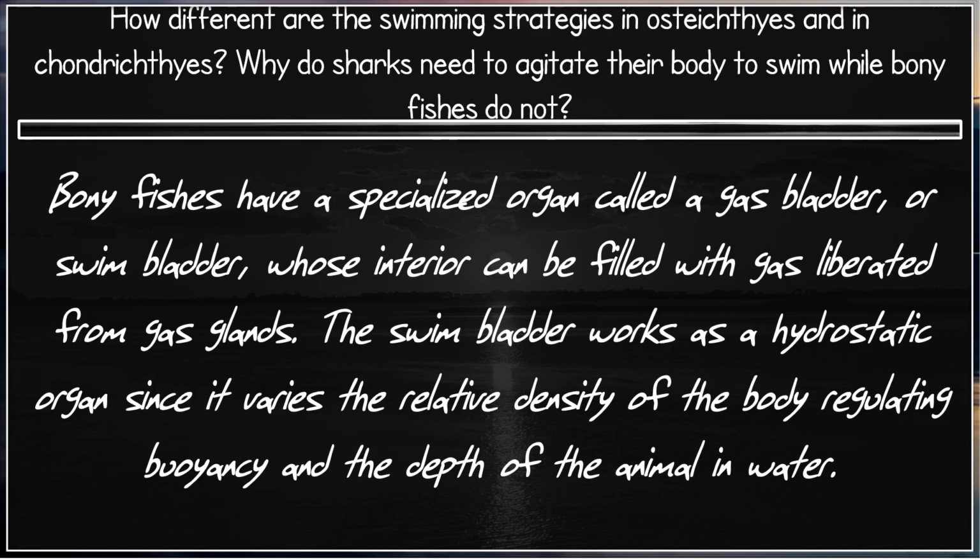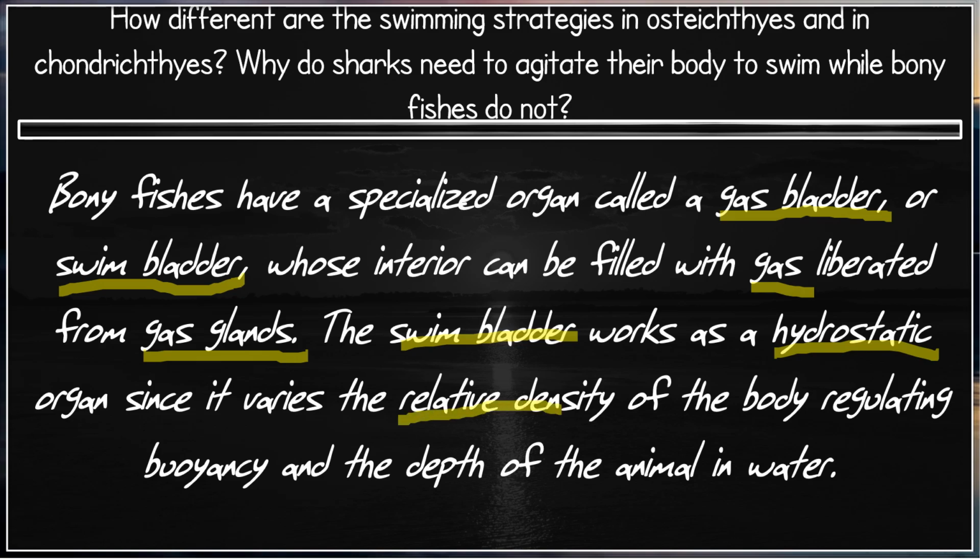Bony fish have specialized organs called gas bladder or swim bladder, whose interior can be filled with the gas liberated from gas glands. The swim bladder works as a hydrostatic organ since it varies the relative density of the body, regulating buoyancy and the depth of the animal in water.